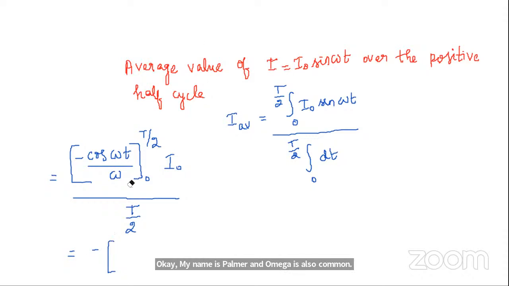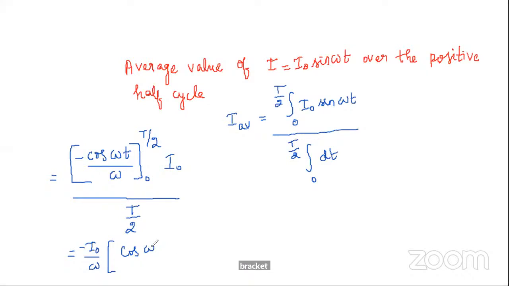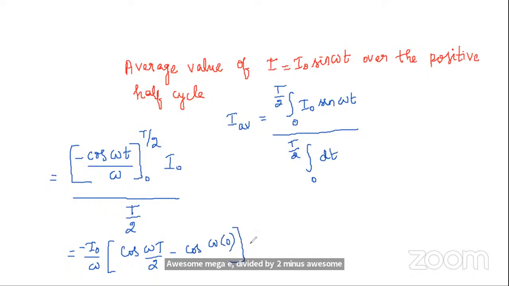So minus I naught by omega can be taken common, with the bracket containing cos omega T by 2 minus cos omega into 0, whole divided by T by 2.